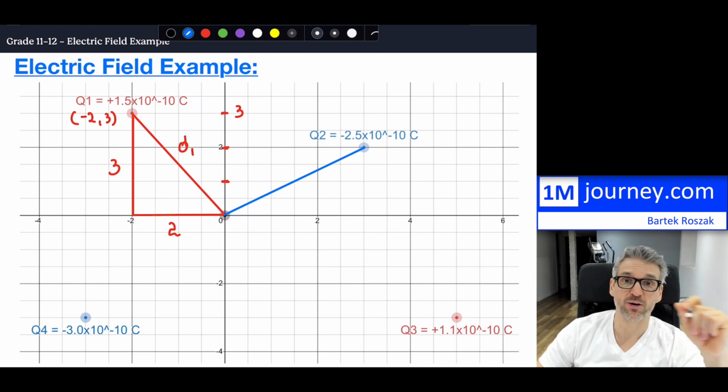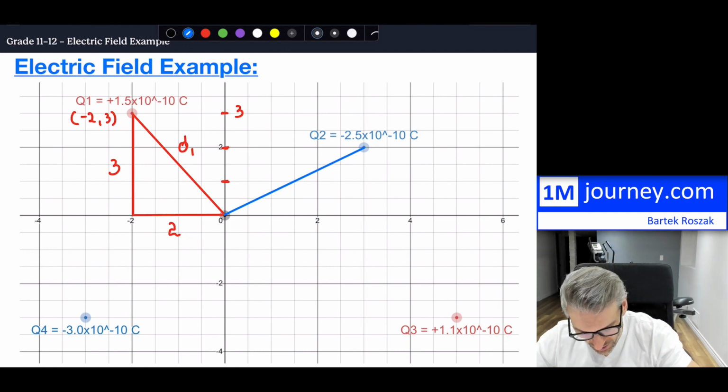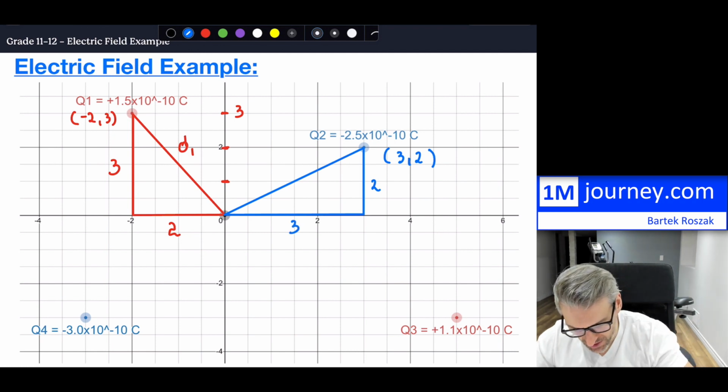Then you can create a right angle triangle so that you can use the Pythagorean theorem. Once again, I can go back in here and create a triangle right there. This particular Q2 looks like it's located at 3, 2. So this is going to be 2, this is going to be 3, and this is my distance D2.